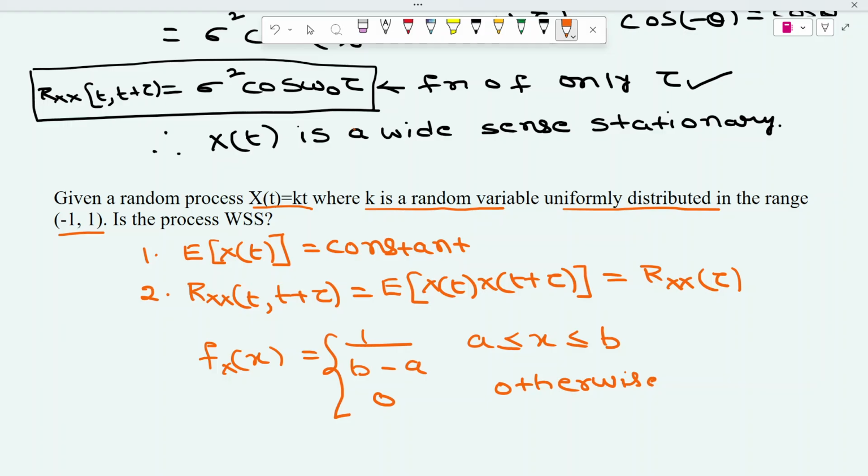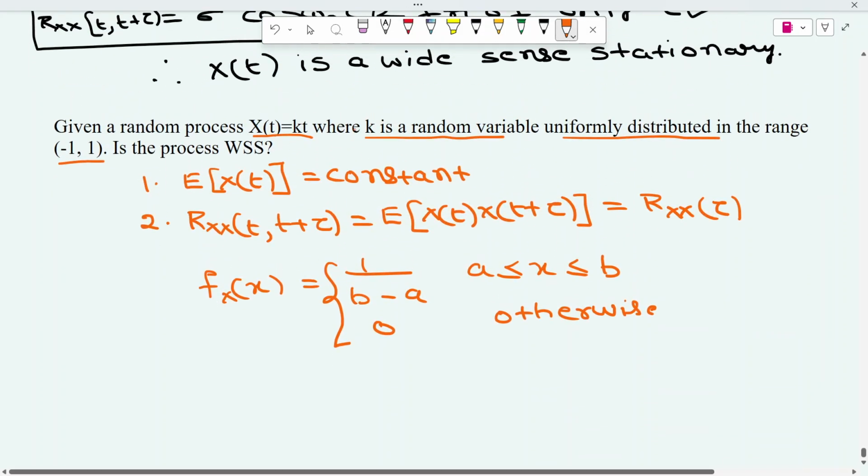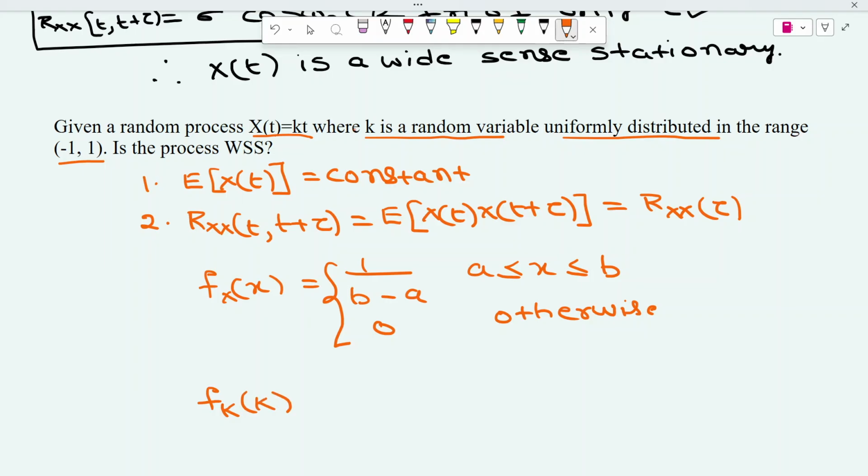So here k is a random variable, so we write f k of k. Here this is a and this is b, so 1 by 1 minus of -1, which is nothing but 1 by 2, for -1 less than or equal to k less than or equal to 1, otherwise it is simply 0.